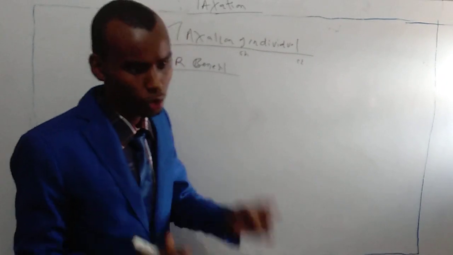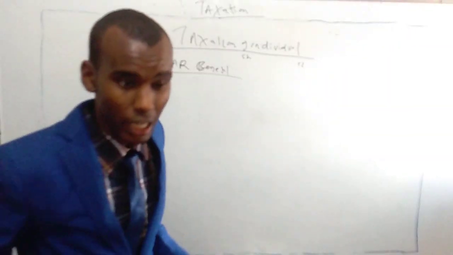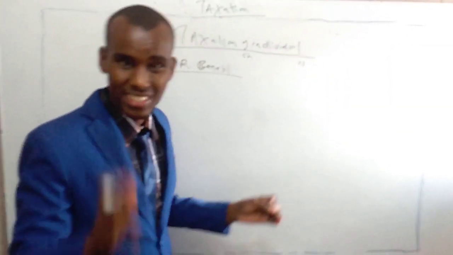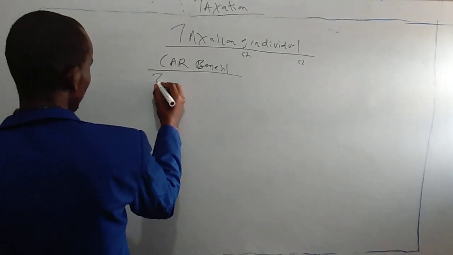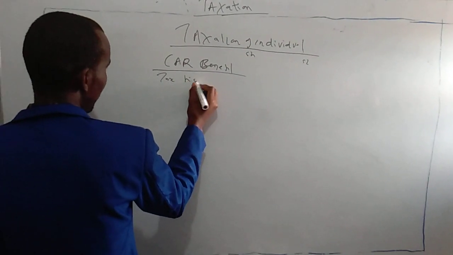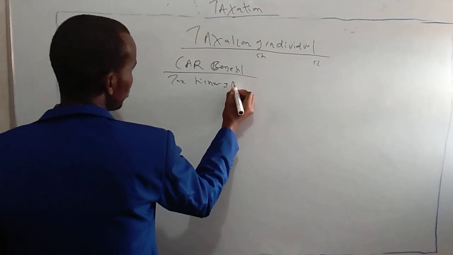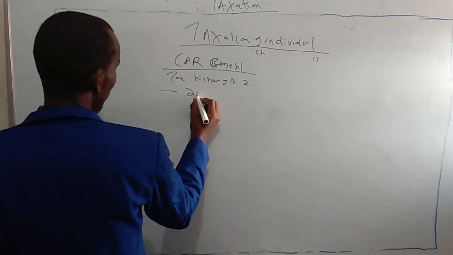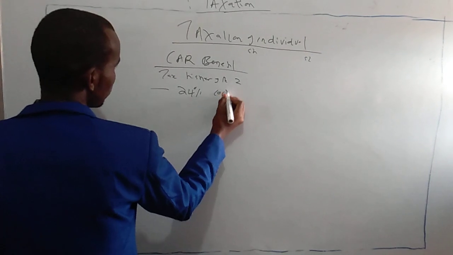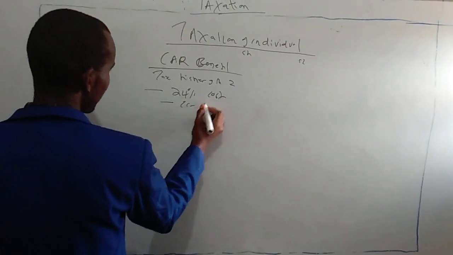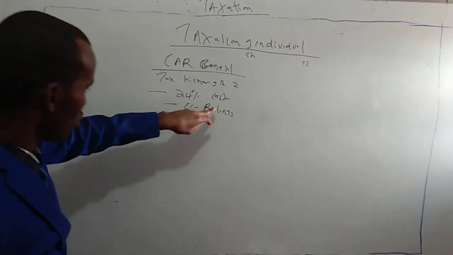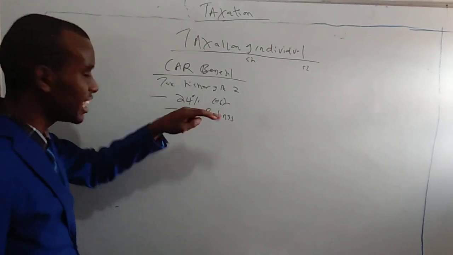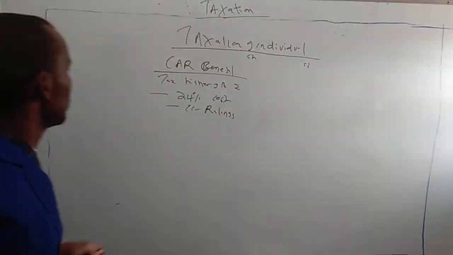We take 24% of the cost, and we compare it against the CC rating of the car. Between these two, 24% of the cost and the CC rating, we tax the highest.